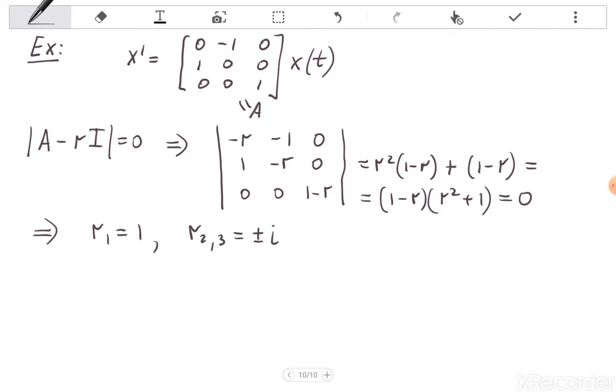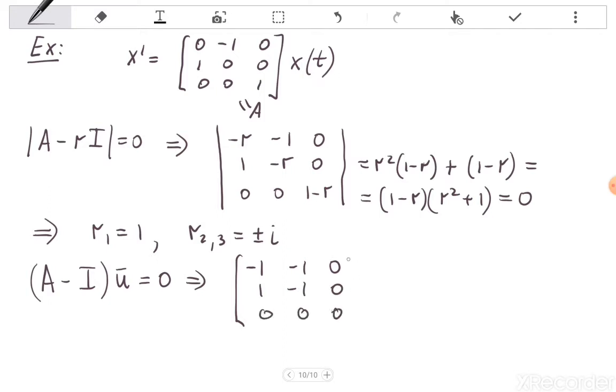So let's do first the real eigenvalue. We have to find the eigenvector which will satisfy A minus rI applied to the vector is 0. So let's write this matrix. So r is 1 now, so this is minus 1, minus 1, 0, 1, minus 1, 0, 0, 0, 0. And let's say the coordinates of this u1 are x1, y1, z1.